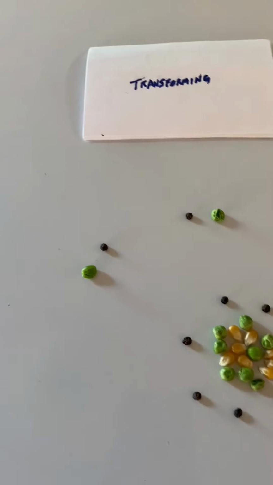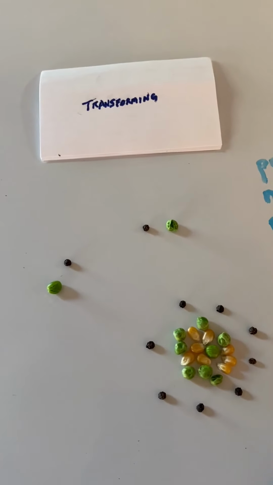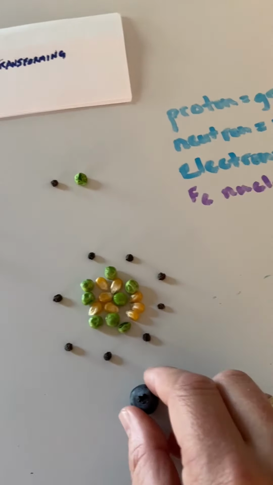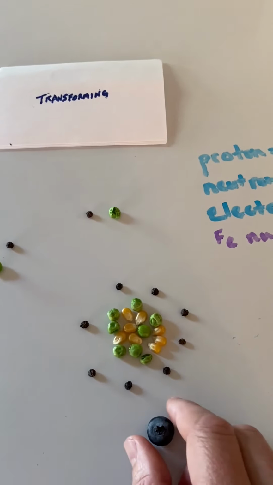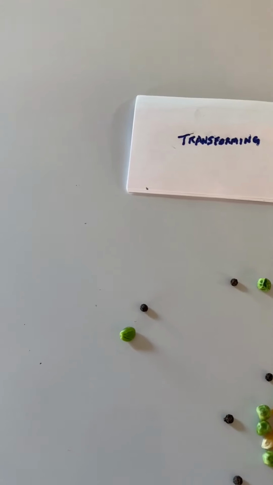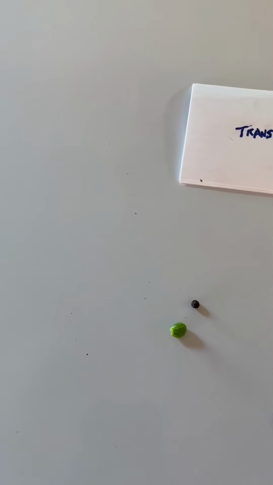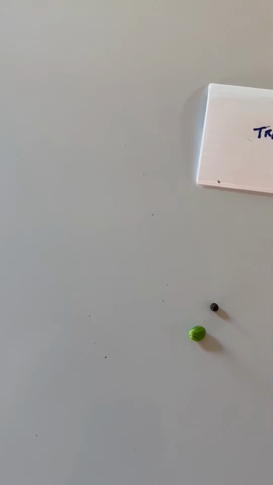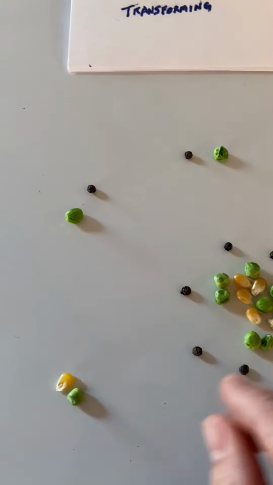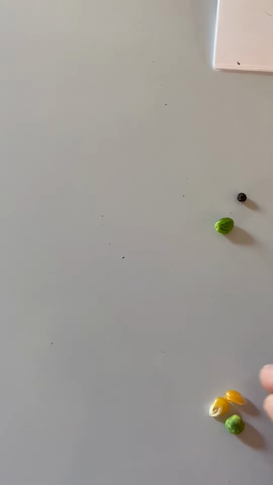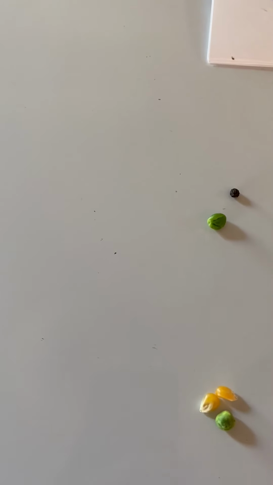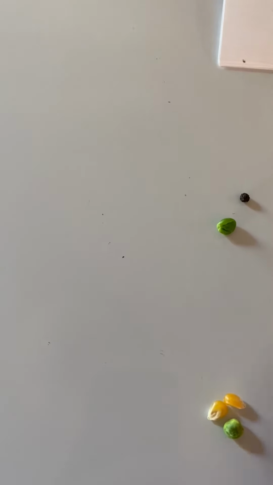Let's say we have a blueberry, which is our iron nuclei, and this blueberry or this iron nuclei comes in and impacts the oxygen. And it's not uncommon for an impact to release an alpha particle. An alpha particle is a helium nuclei.